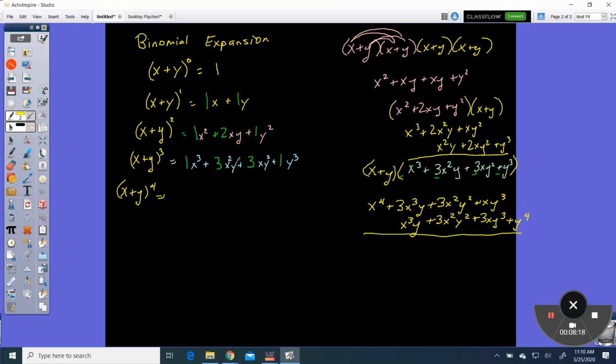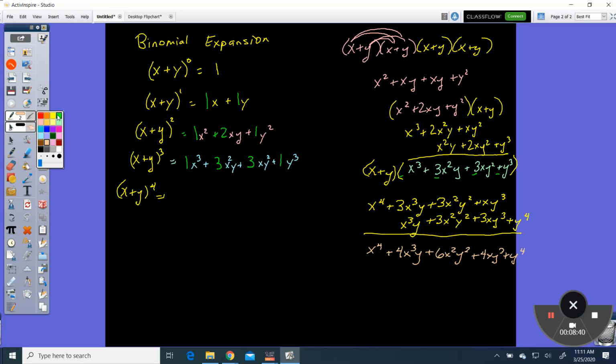So now, if I add those together, I'm going to get x to the 4th plus 4x cubed y plus 6x squared y squared plus 4xy cubed plus y to the 4th.